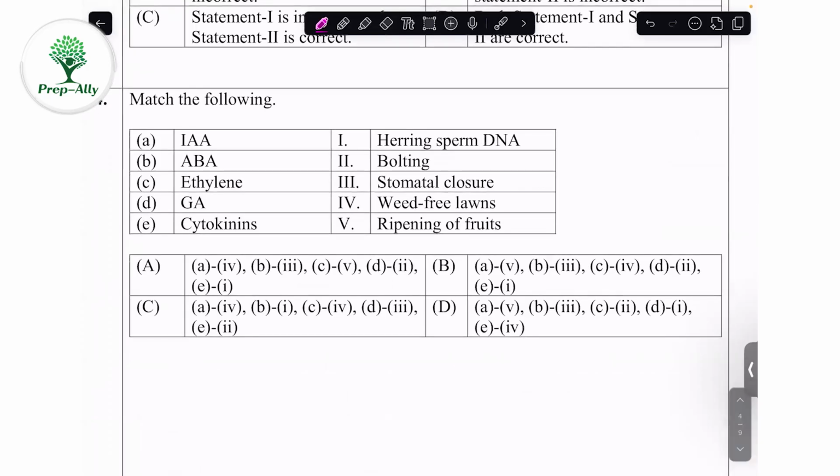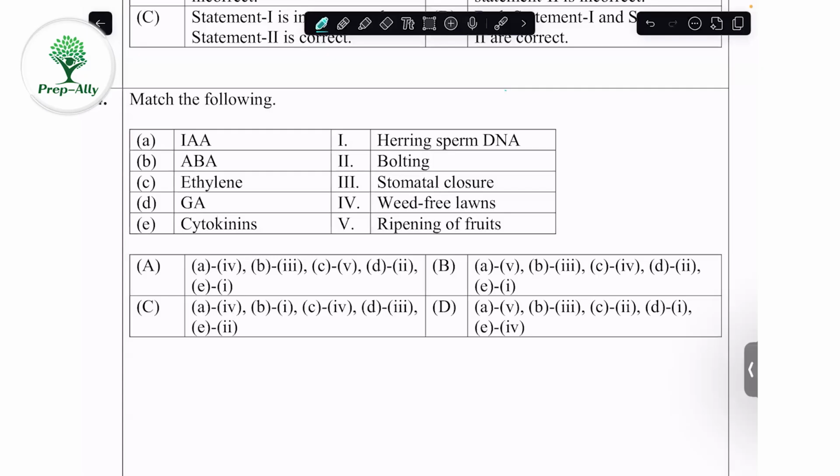14th question. They have asked you to match the following. IAA is nothing but auxin. If you are confused with some new terms, we'll see whether they are linked to other terms.